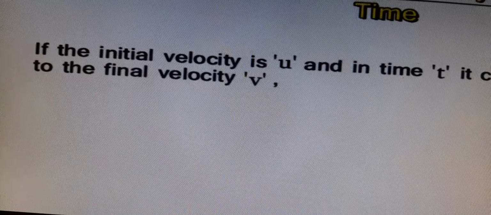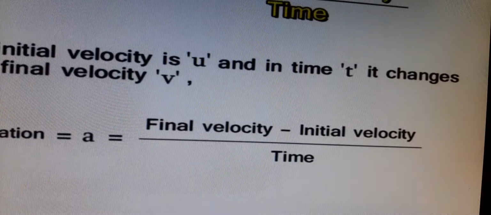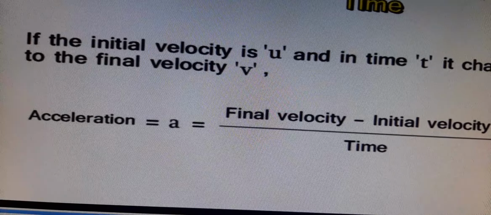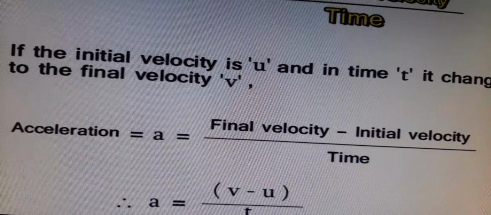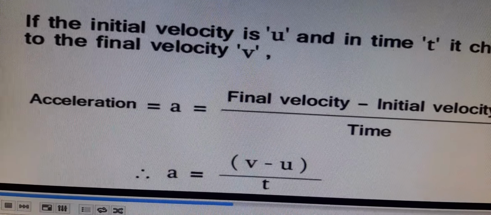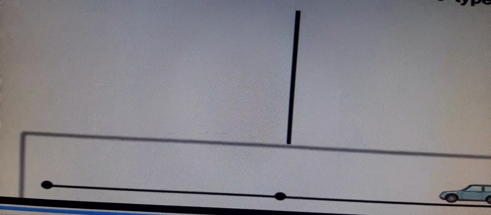If the initial velocity is u, time is t, and it changes to final velocity v, then acceleration a is equal to final velocity minus initial velocity upon time, a equals v minus u upon t.